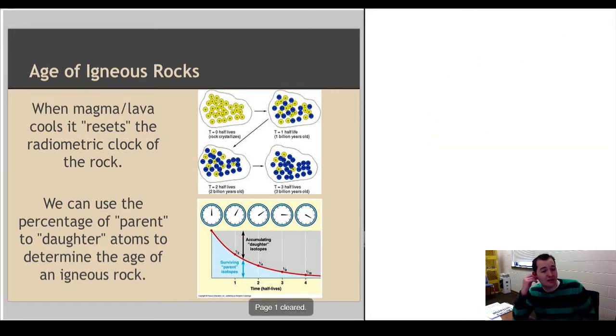And again, that was only true for igneous rocks. It's much more difficult to determine the exact age using radiometric dating for sedimentary and metamorphic rocks. We have to use what we call bracketing, and that's what we'll focus on in our class. In other videos for metamorphic and sedimentary rocks, we'll discuss that.